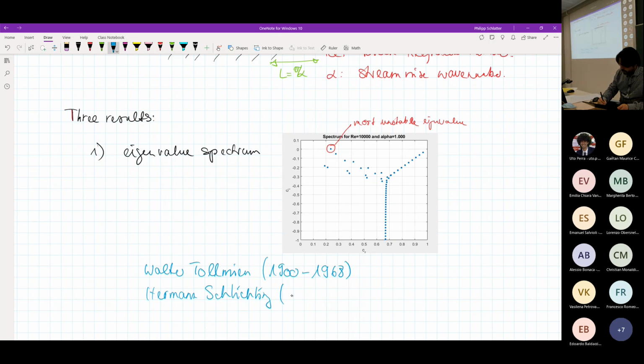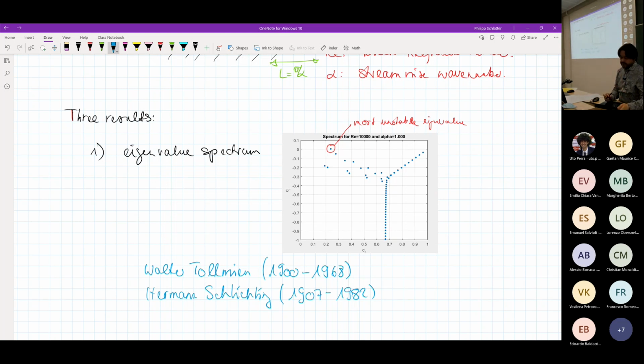Hermann Schlichting lived from 1907 to 1982. And of course, Schlichting, I guess you know from a book that he wrote, Boundary Layer Theory. It's a big book about all different aspects of boundary layers.